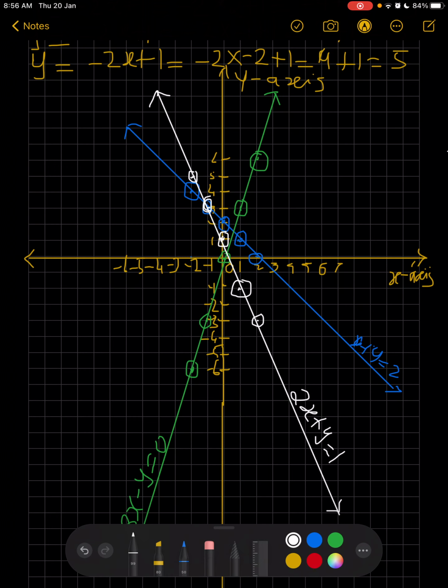All the points of a linear equation will be on a line. That's why we call it linear. If 1 or 2 points you don't get on a line, it means you made a mistake in calculation somewhere. You have to correct the calculation so that you obtain the points on a line.